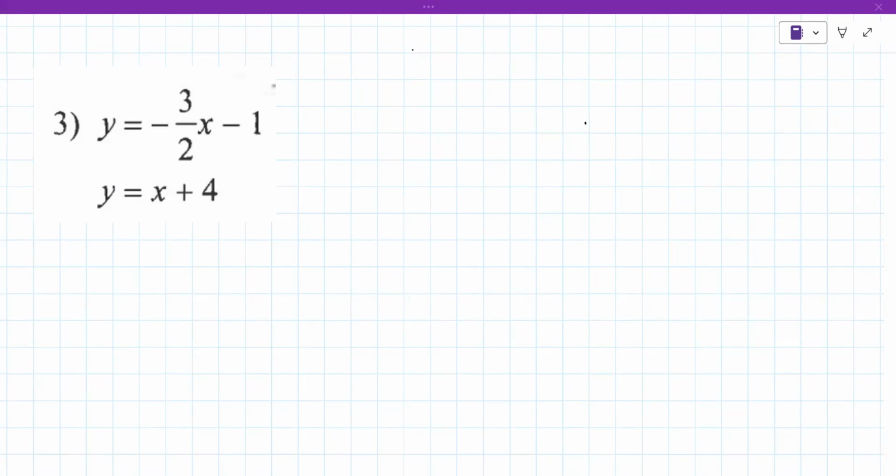So... I got x equals negative 2. Okay, that is correct. Very good.